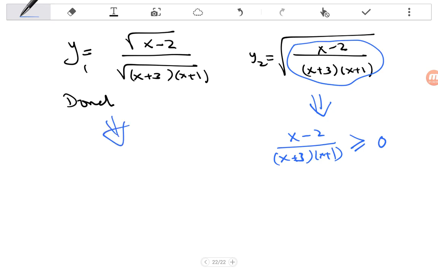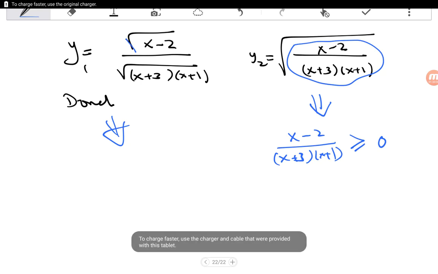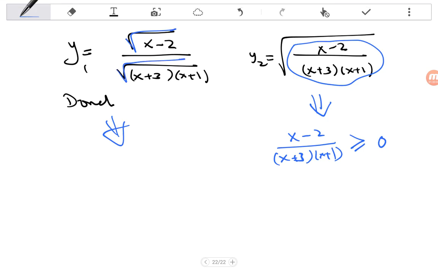But for this problem, what will I do? This problem we have two restrictions. One from this root and one from that other root. The first root will give me x minus 2 greater than or equal to 0. And the second root, what restriction will it give?